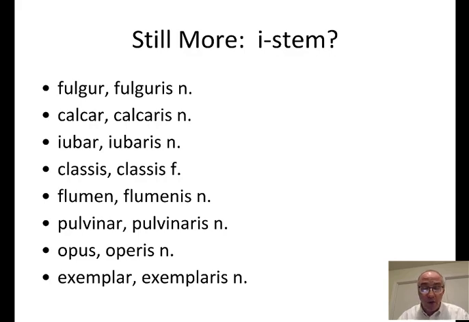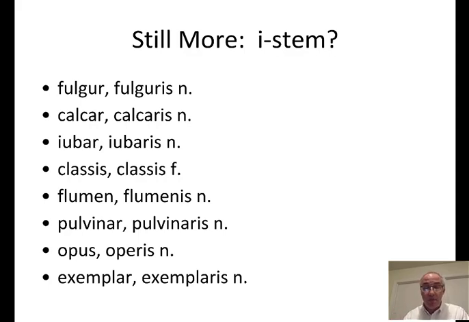How about these? Fulgur, fulguris. These are neuter, but it doesn't end in AL, AR, or E, so it's no. Calcar, calcaris, yes. Ends in AL, AR, or E, that is I stem. Lacunar, lacunaris, yes. Classis, classis. It's feminine, so we have to go to the parasyllabic rule. Yes, it is I stem. Flumen, fluminis. Nope, not I stem. Pulvinar, pulvinaris. Yes, it's neuter, and it ends in AR.